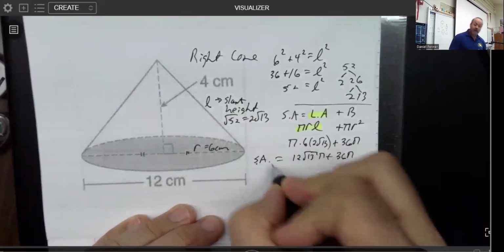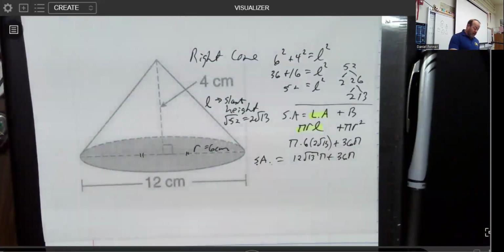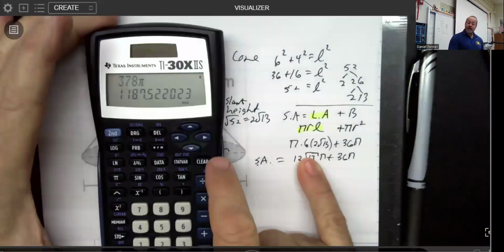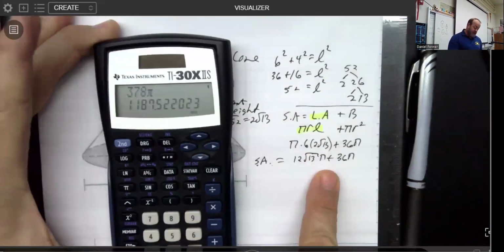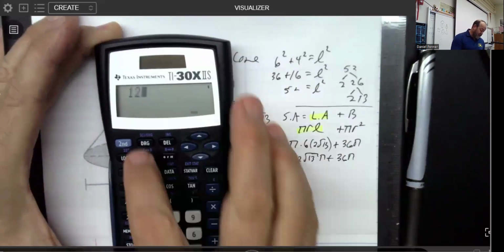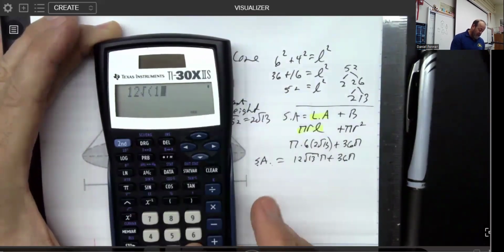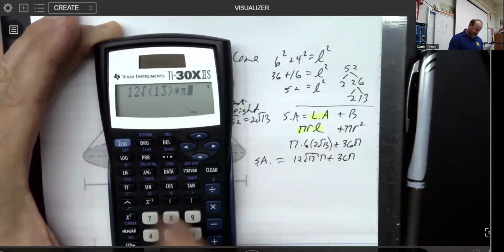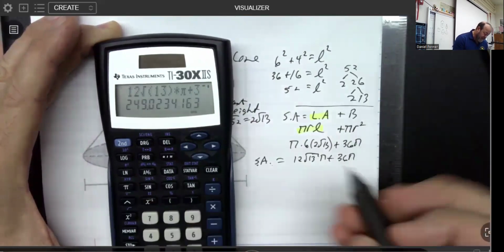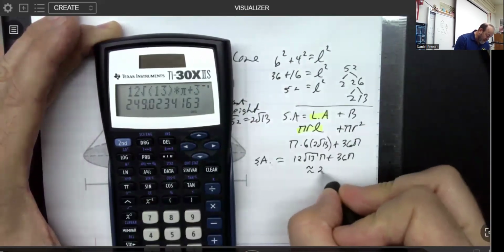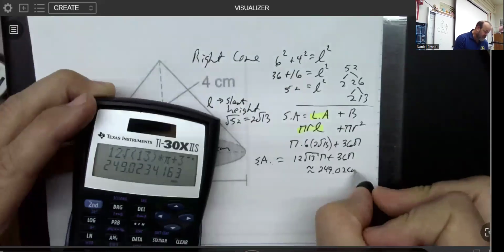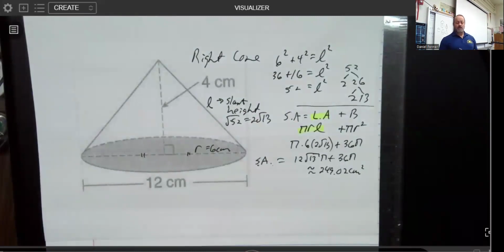Well, that's a horrible looking number because you got an irrational number times an irrational number. So I like this answer because it's very precise, but it would be hard for somebody to understand what that means. So I'm going to go ahead and take 12 roots of 13 times pi plus 36 pi and come up with a decimal approximation. It's 249.02. This was in centimeters squared. And so that would be my surface area.